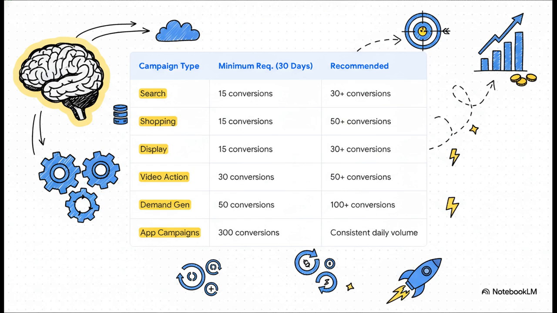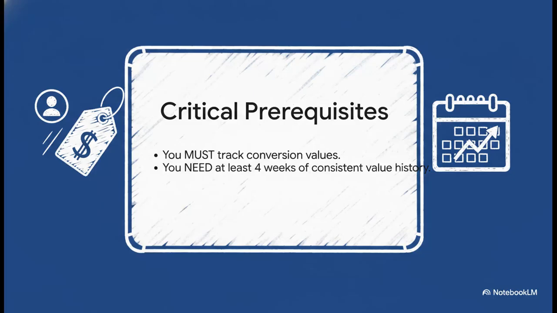So for a standard search campaign, you need at least 15 conversions in the last 30 days, though honestly 30 is way better for stability. But for something like a video action campaign, that jumps up to a minimum of 30, with 50 being the sweet spot. The AI has to see what success looks like before it can go out and find more of it.